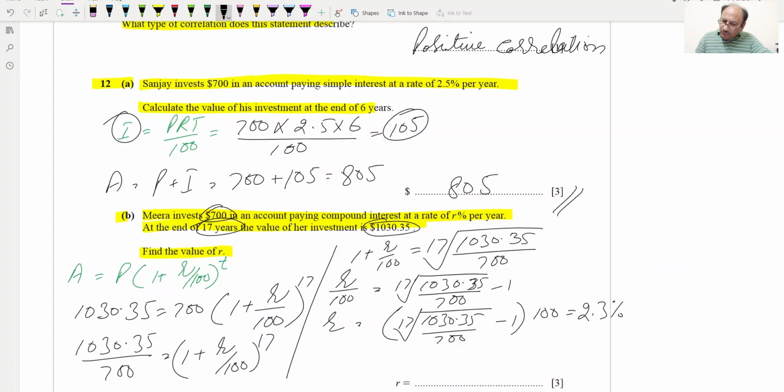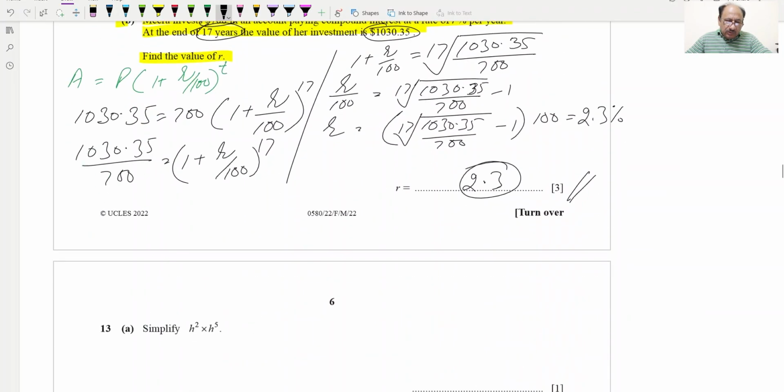So our value will be 2.3. We will not be writing percentage symbol here, so this will be our final answer. Hopefully you understood this. This is for 3 marks.